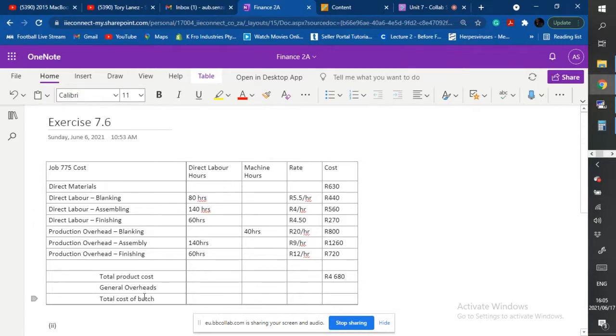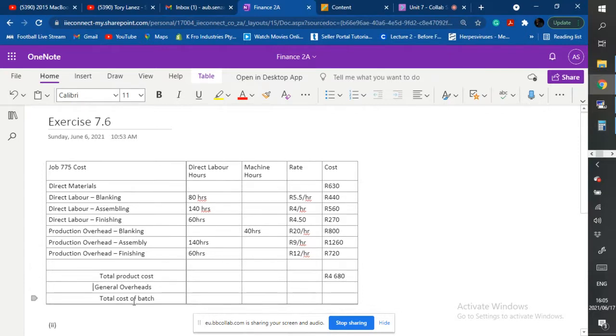And then general overheads in the question, they said, additionally, general overheads are applied to job 775 at a rate of 10% of total production cost. So here, let me do it here.